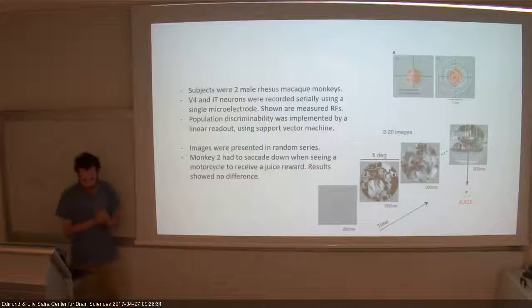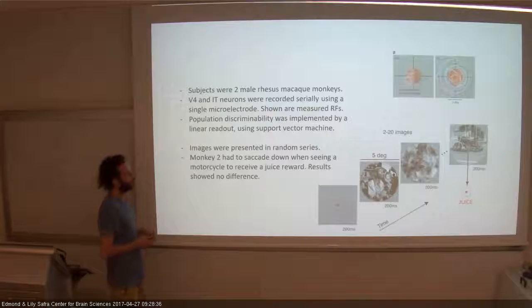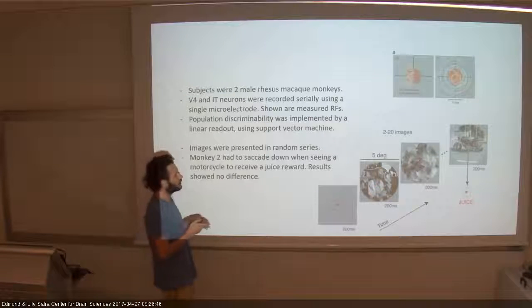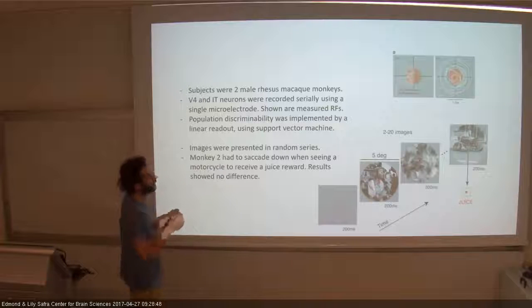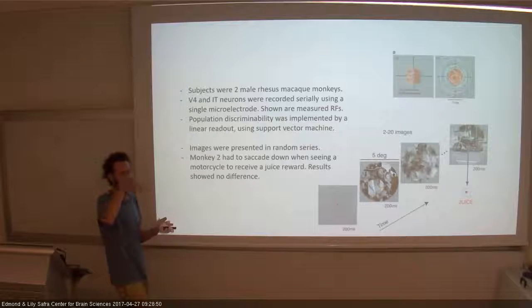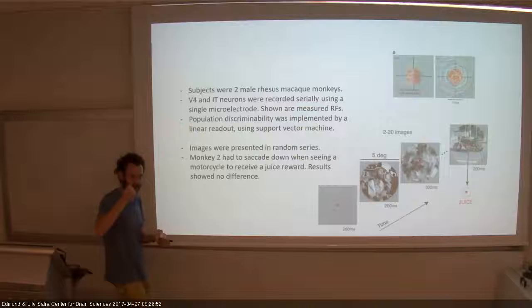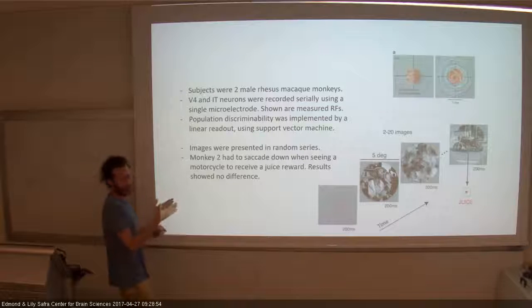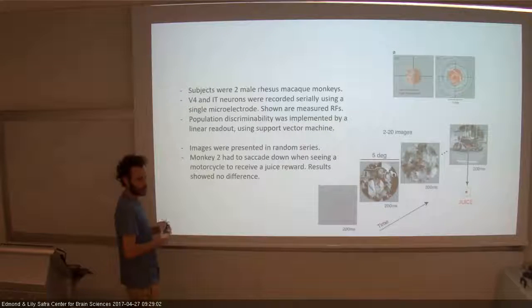So, in this V4 and IT paper, we start with the basic methods. The subjects were two male rhesus macaque monkeys, and they recorded using a single microelectrode, recording serially, putting it in further until each time they could separate one neuron and show it the whole range of stimuli, and then go for the next one.